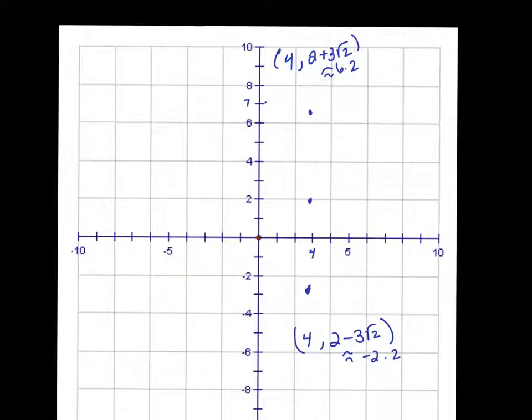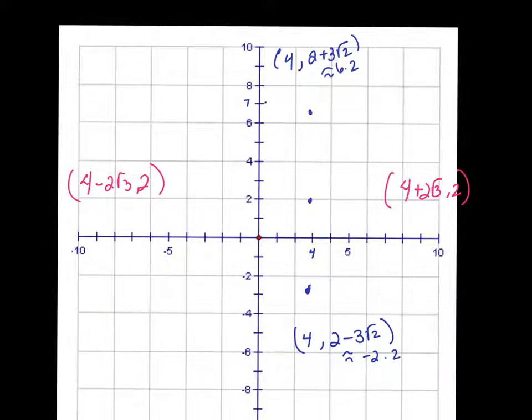So about there. Now for the co-vertices in the other direction, that's going to be 4 minus 2 square root of 3, 2. And the other one would be 4 plus 2 square root of 3, 2.